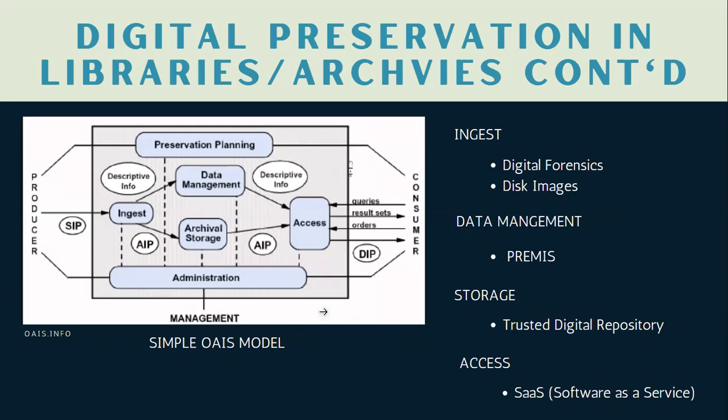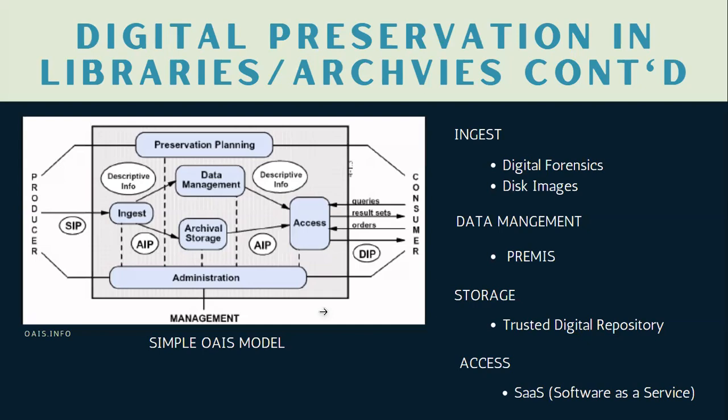And then as far as storage, in the storage realm of this OAIS model, there's what's called trusted digital repositories that I wanted to mention. So a trustworthy repository, it's changed now that they're an ISO standard, but I'm pretty sure you still use the TRAC checklist. So TRAC is Trustworthy Repositories Audit and Certification, and it's a criteria and checklist.